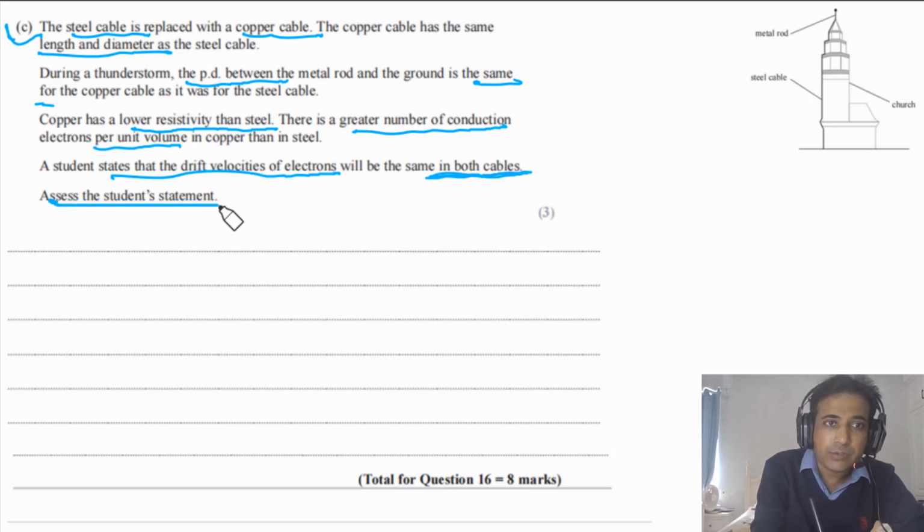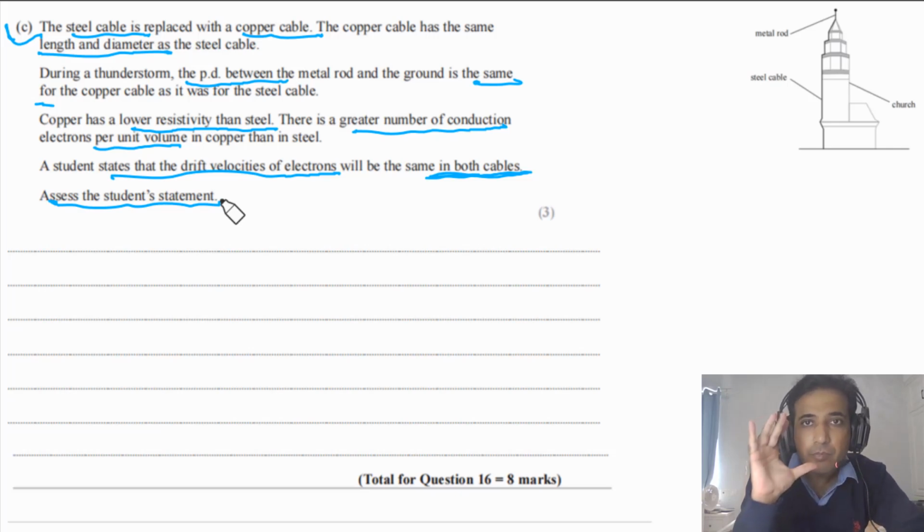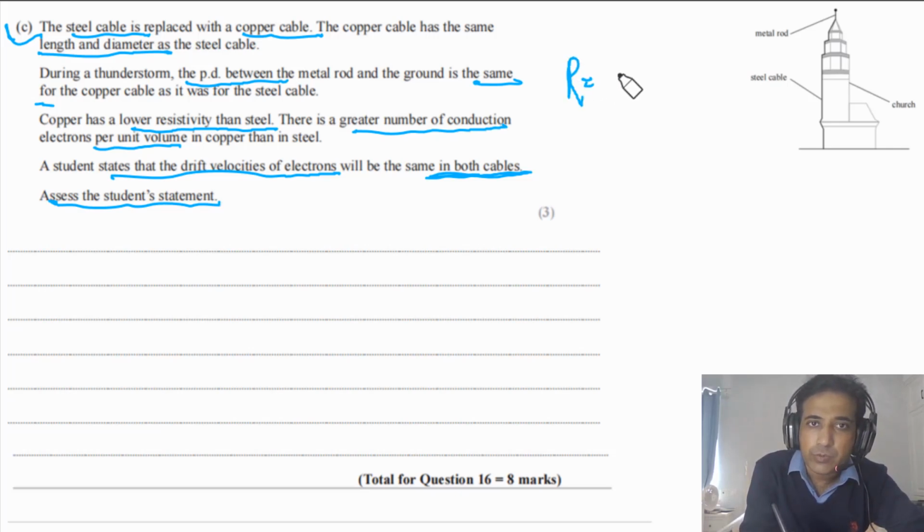Assess the student's statement. For this question, first of all, we need to understand resistance is equal to rho L divided by A. In this case, A is the same, L is the same for the two cables, and the resistivity of the copper cable is lower. It means its resistance is lower.